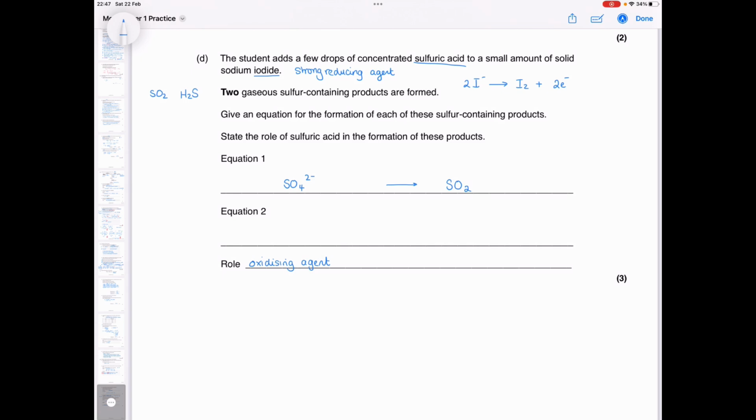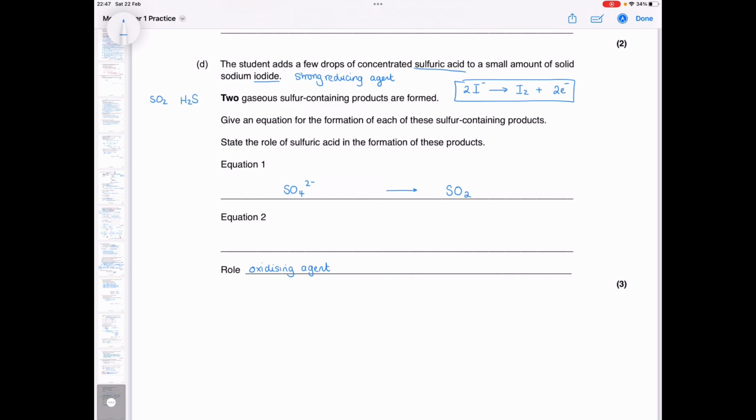So one lot of the iodide is all we're going to need here to do that, because we're just going to need 2 electrons to take it from +6 to +4. So we're going to have 2 I minuses on this side and an iodine on that side.